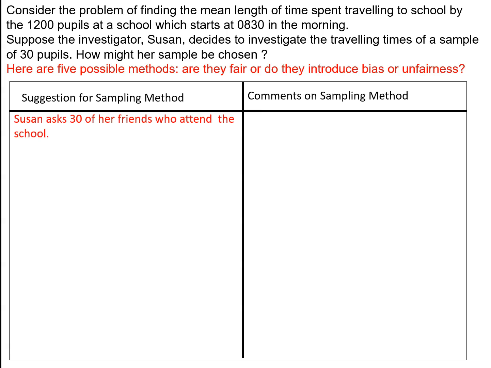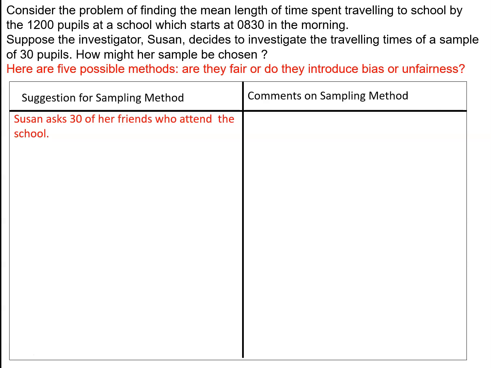And there are 5 suggestions here, and what I want to do is to consider whether it seems that this sampling method is fair, or does it introduce some unfairness, which is called bias. So for the first sampling method, Susan simply asks 30 of her friends who attend the school.